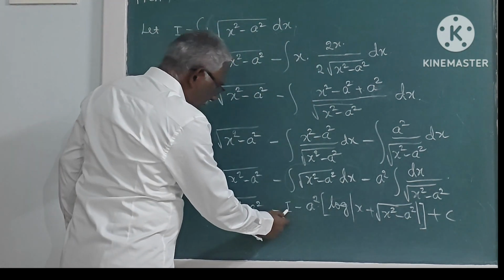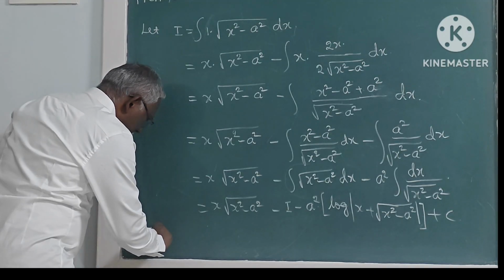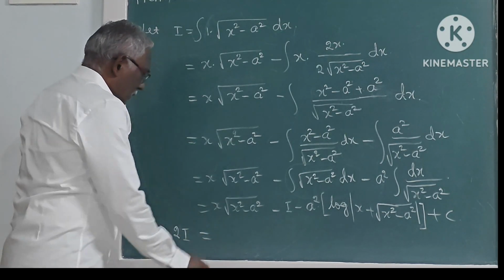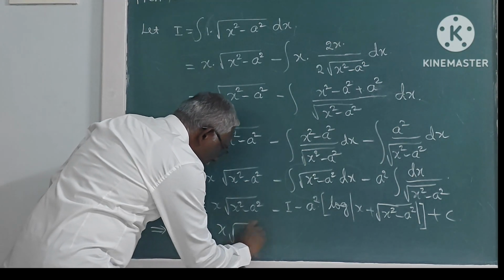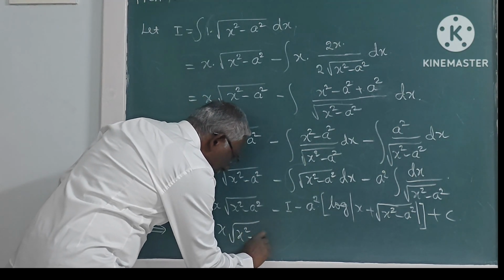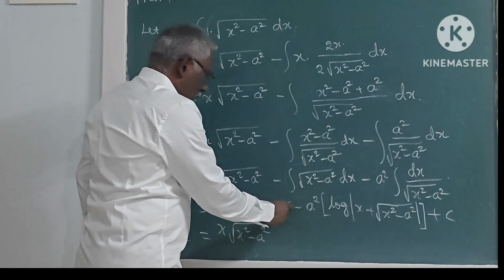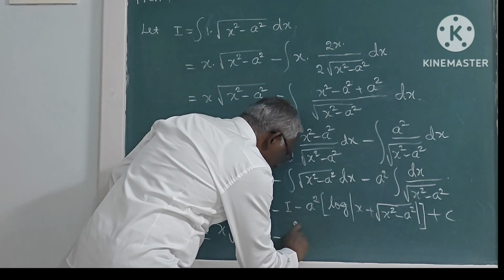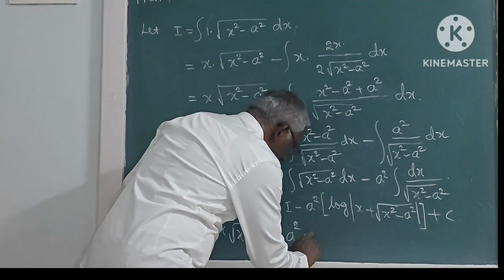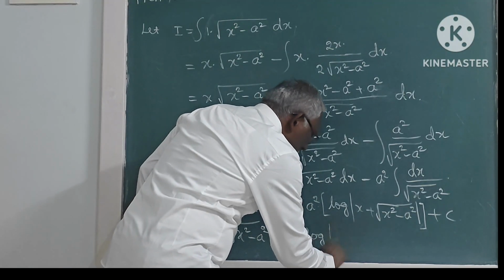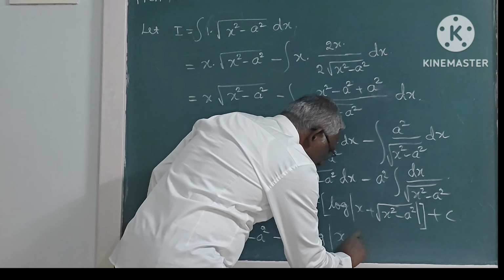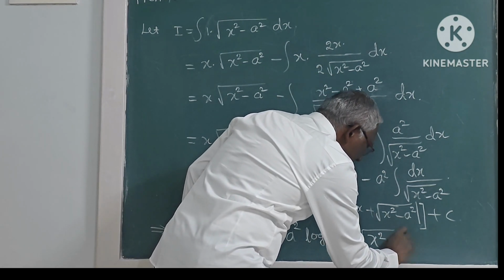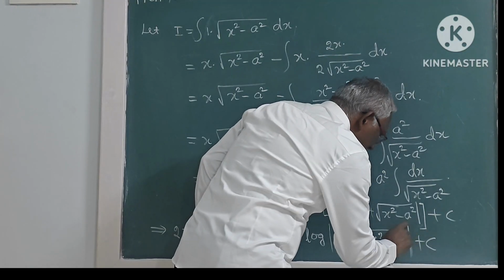Now, this I you can take to the left hand side, so 2I is equal to x into square root of x square minus a square, then minus a square log of x plus square root of x square minus a square plus constant.